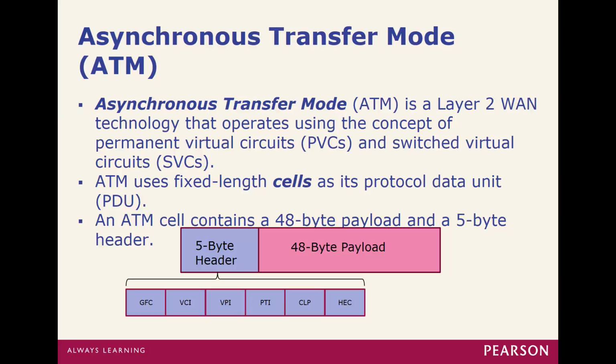An ATM cell has a 48 byte payload and a 5-byte header. That makes up our cell. This 5-byte header has this information, and the 48-byte payload, that's the data.